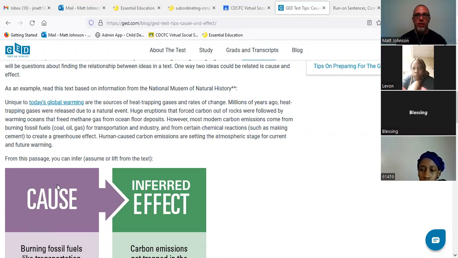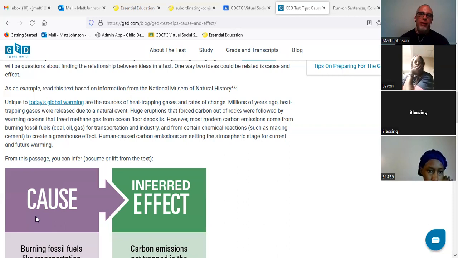However, most modern carbon emissions come from burning fossil fuels, coal, gas, oil, right? The stuff that runs most of our cars, heats our homes, stuff like that. So for transportation and industries, like it says, and from certain chemical reactions, such as making cement, I did not know that, creates a greenhouse effect. Human-caused carbon emissions are setting the atmospheric stage for current and future warming.